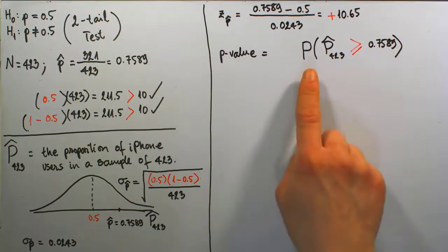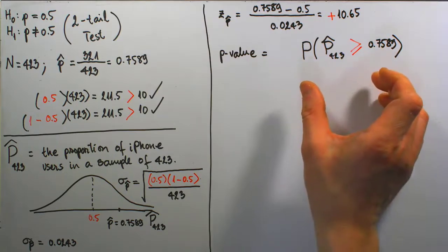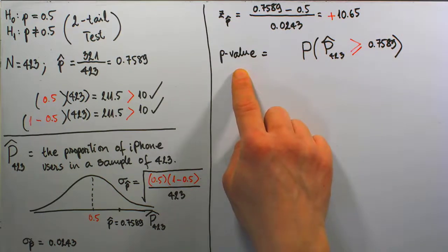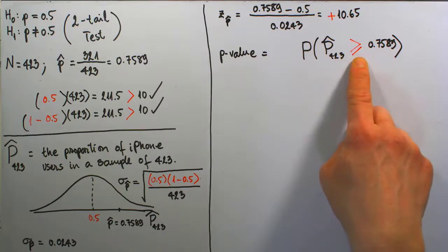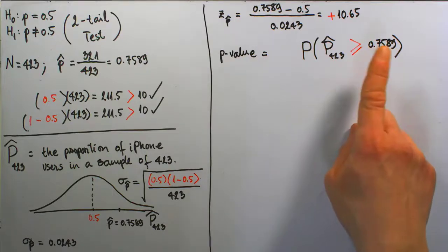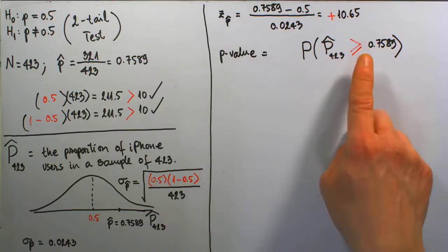So let me take a quick pause here, and I'm not saying that we have completed the setup for the p-value calculation yet. This inequality right here is associated with a right tail test. I'm assuming that you have already seen my earlier videos where I have shown how to run a right tail test.